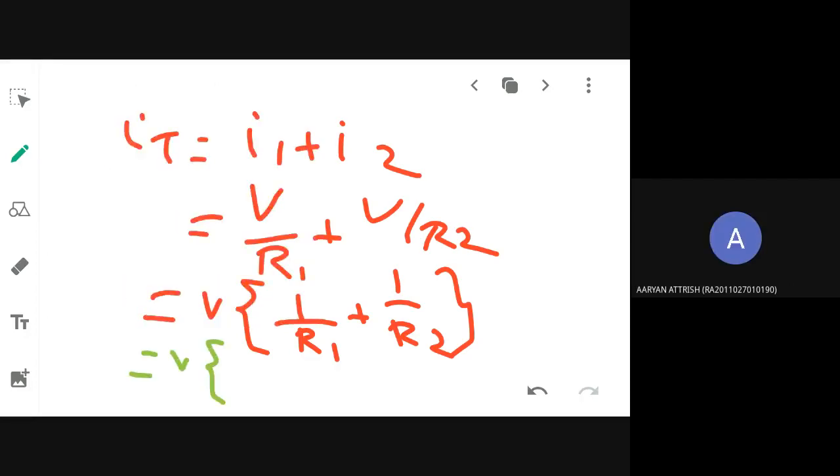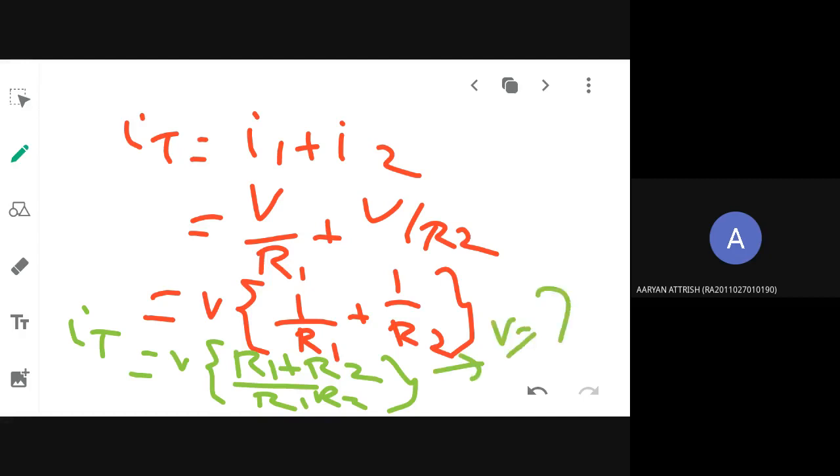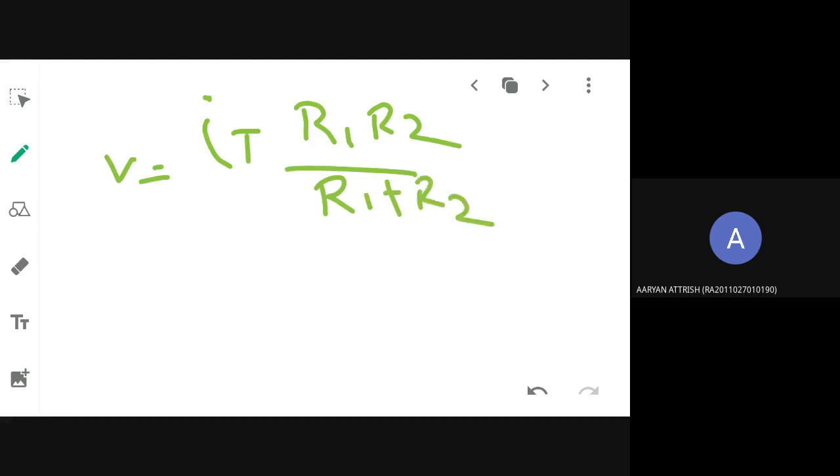V into R1 plus R2 divided by R1 R2. This is my IT. From this, what will you determine? V. So how can I write V? IT upon R equivalent. V is equal to IT into R1 R2 divided by R1 plus R2. This is my V.